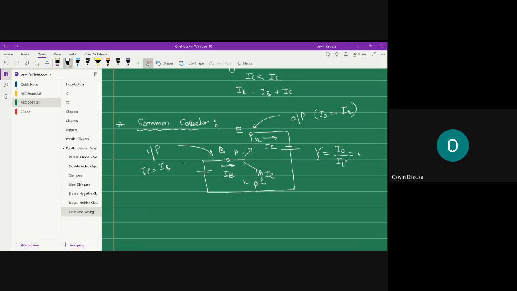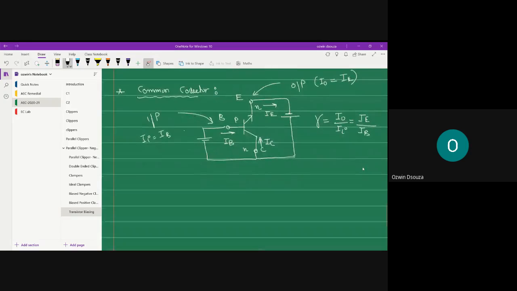So it is IE divided by IB. As I have told in the beginning, IE normally flows in the range of milliamperes, and IB normally flows in the range of microamperes. So that's the reason your gain is very high, very high.